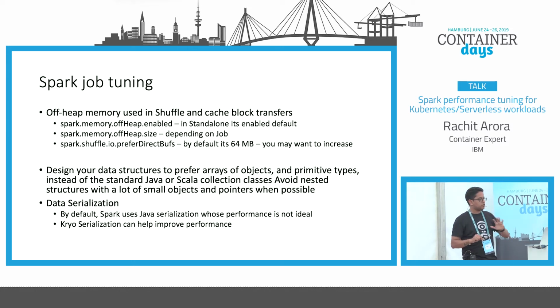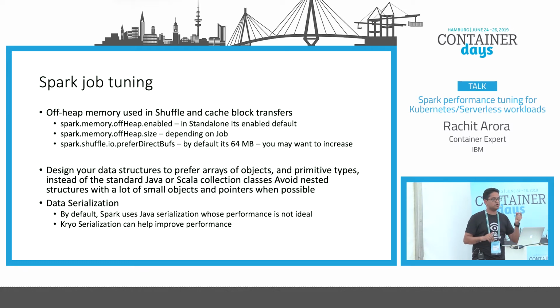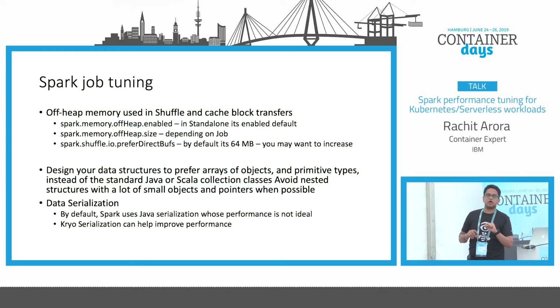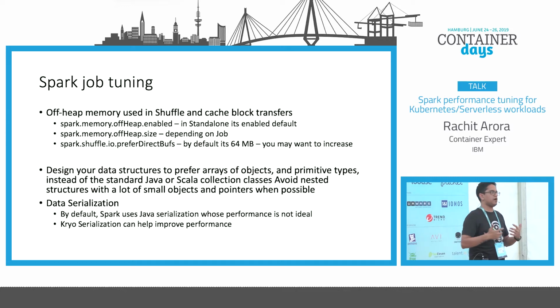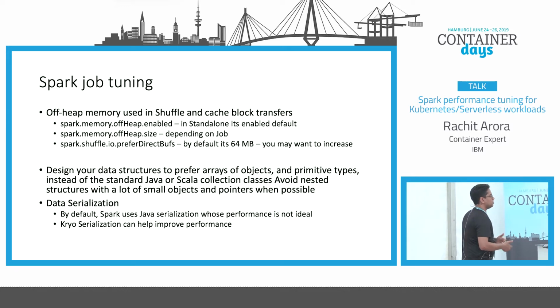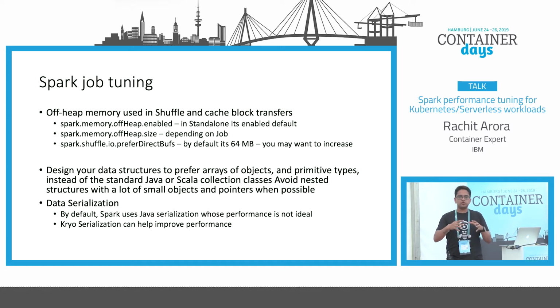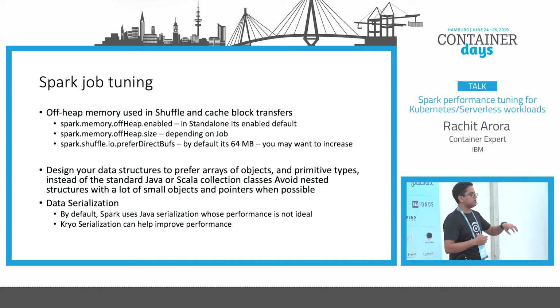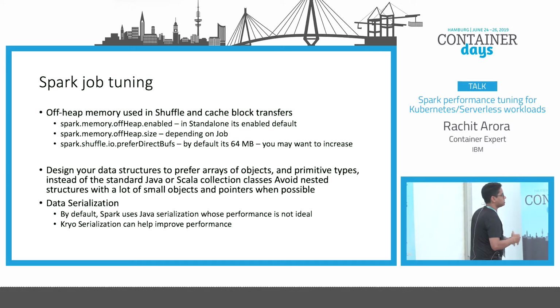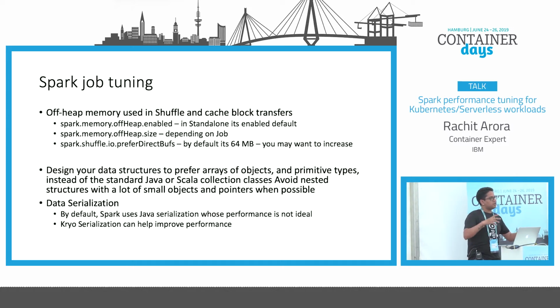Some of the other tunings you can do in your Spark application: you may want to set your heap memory size, because the default values are set for very small applications. If you have a huge volume of data to be read, you may want to set the Spark heap size. It's also recommended to use native and primitive data types when working with Spark, instead of Scala or Java types, because those consume more memory than native types.